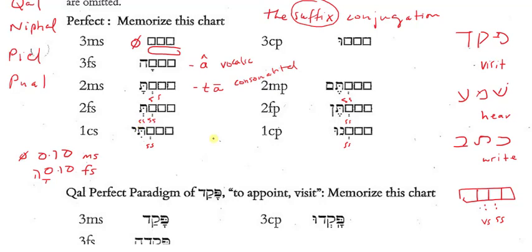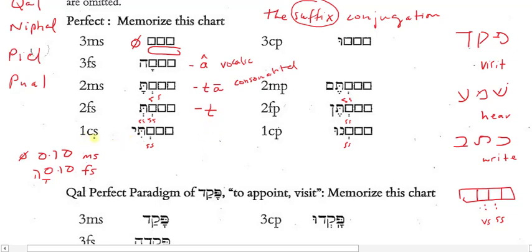Okay? So what am I adding to root 3 here? I'm adding a tav with a silent shava. Do I have to write a silent shava here in my transliteration? No. So is the personal ending for second feminine singular, you, a woman you, consonantal or vocalic? Consonantal. There's no vowel here at all, right?